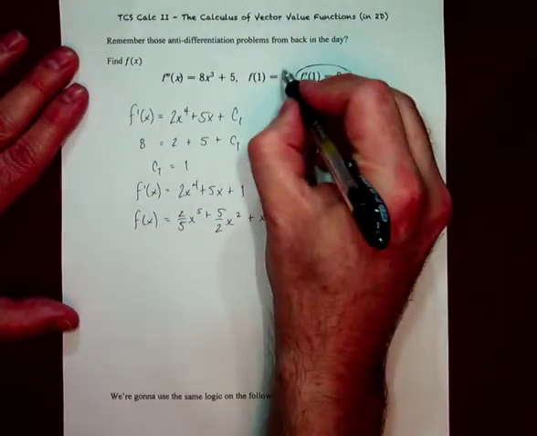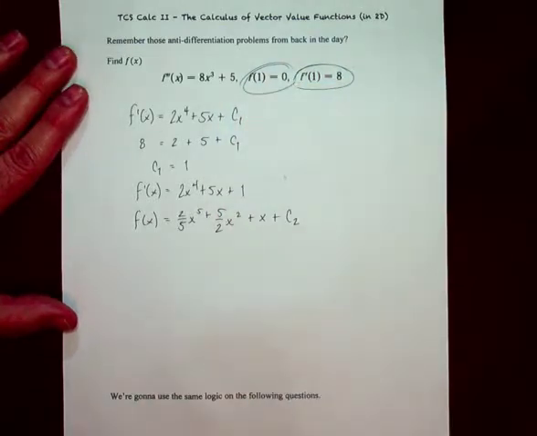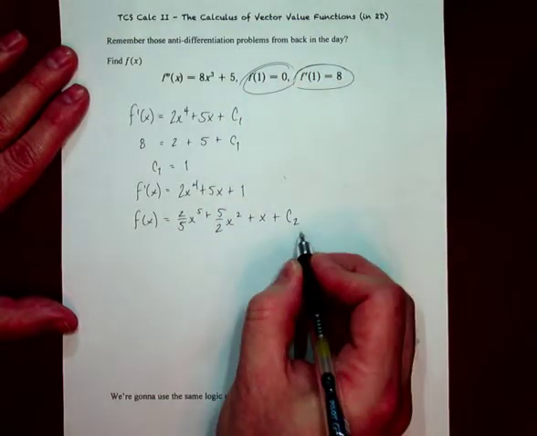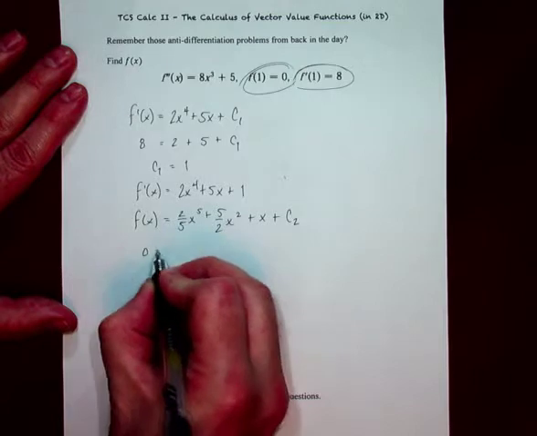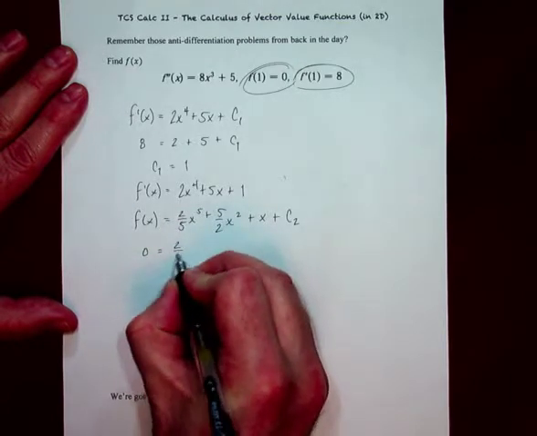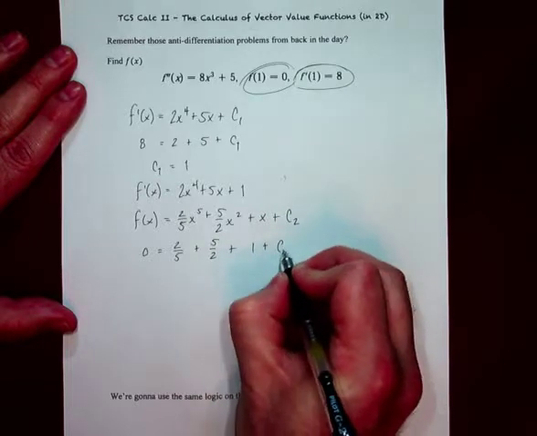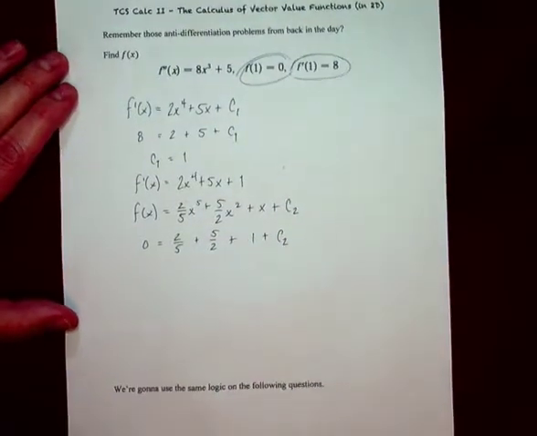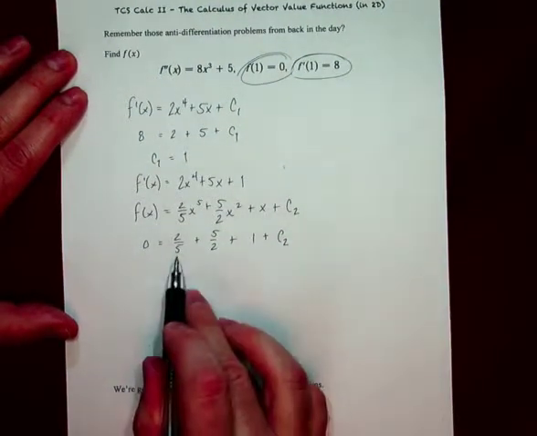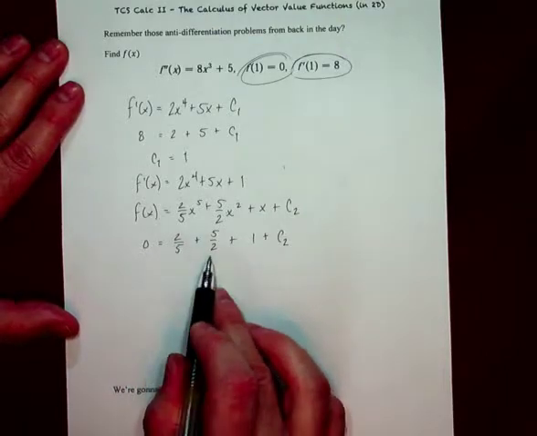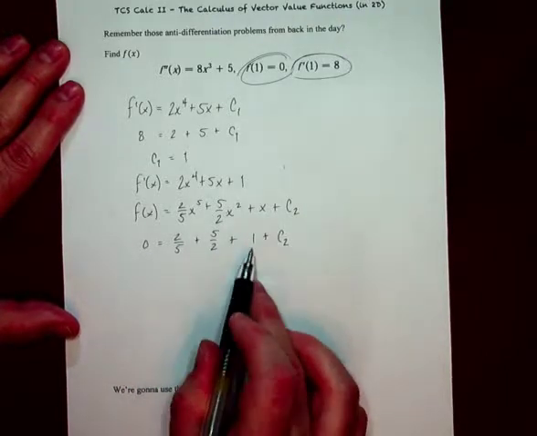Now we're going to use this condition, basically that ordered pair, in order to solve for our C2. The output is 0 when I plug in 1, which makes the arithmetic actually really easy. When I get a common denominator of 10, this is going to be 4/10, this is going to be 25/10, this is going to be 10/10.